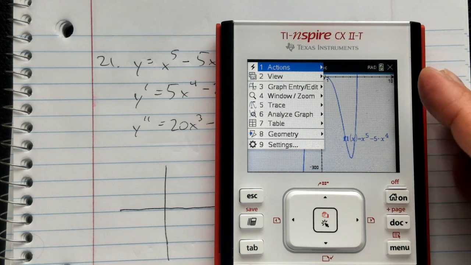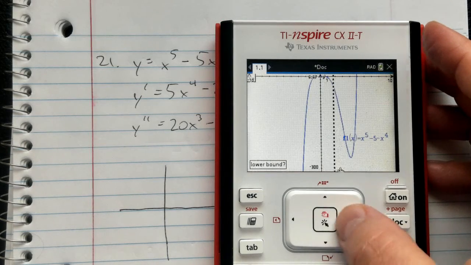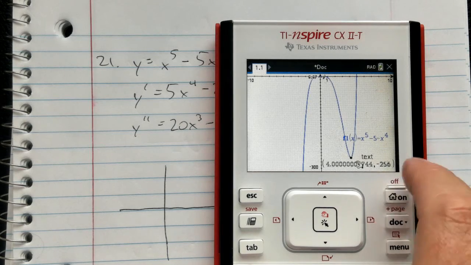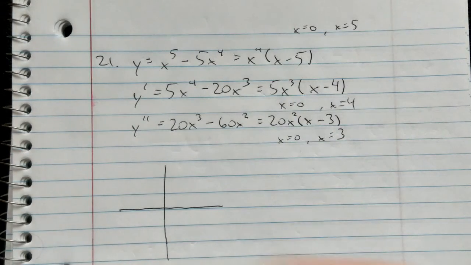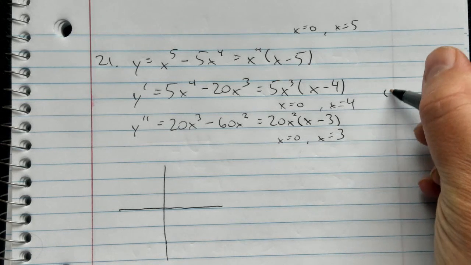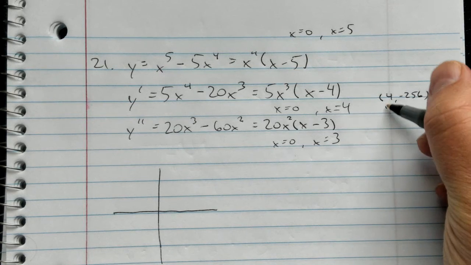And analyze minimum from here to here. 4 comma negative 256 is a local minimum.